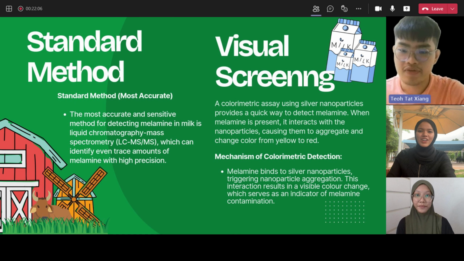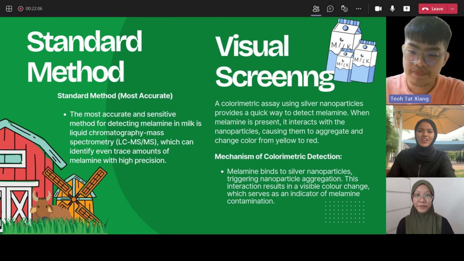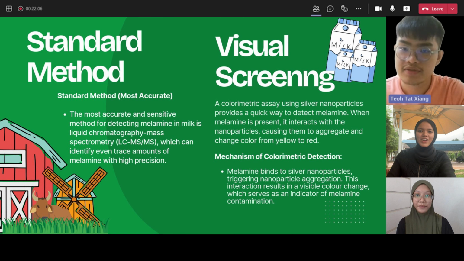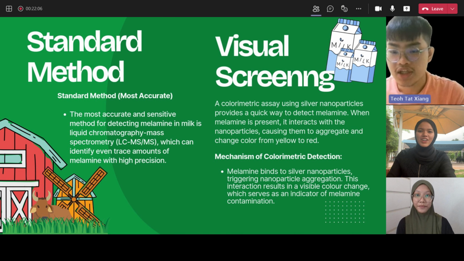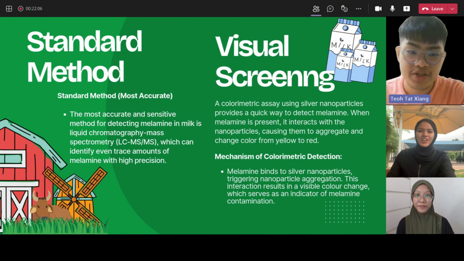So we can have a brief look at the mechanism of colorimetric detection. Melamine binds with the silver nanoparticles, and this triggers the aggregation, and the reaction causes the color change, like what we mentioned earlier.